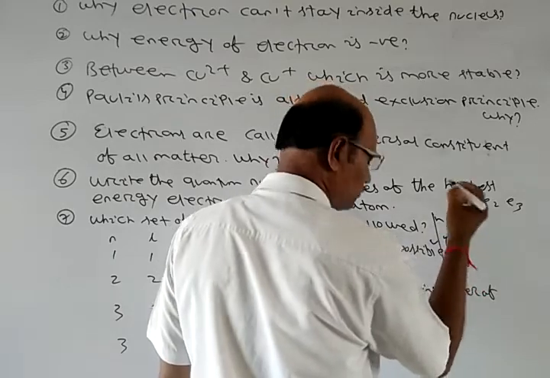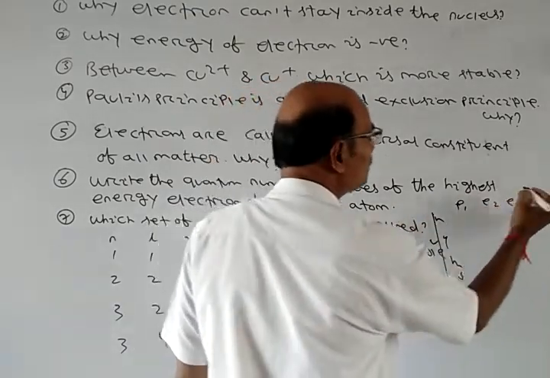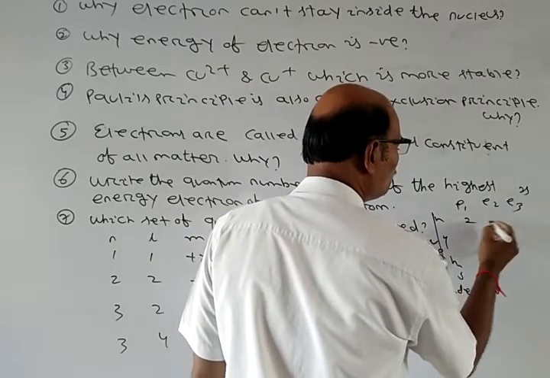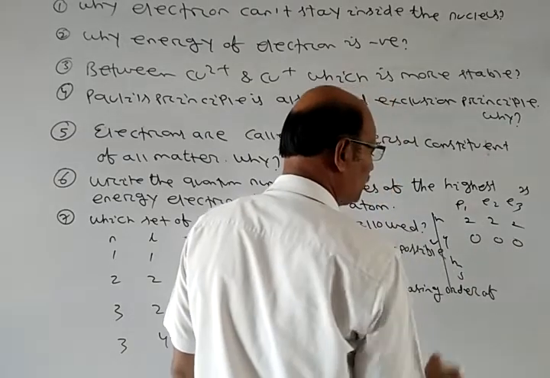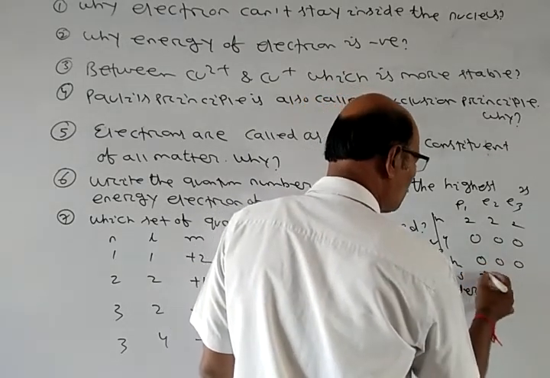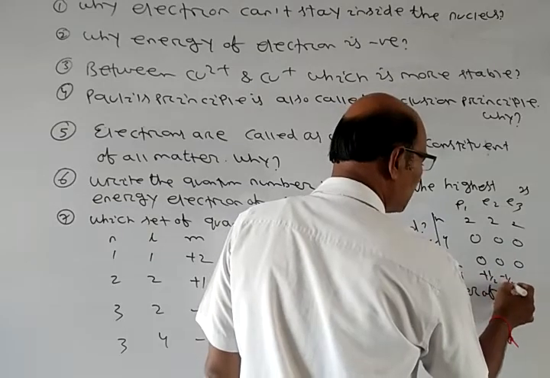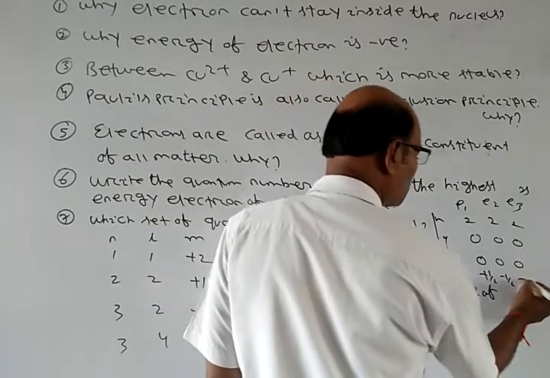Suppose it is a 2s orbital. So n = 2, l = 0, m = 0, and s is plus half or minus half. The third one can again be plus half or minus half. Suppose I take plus half.